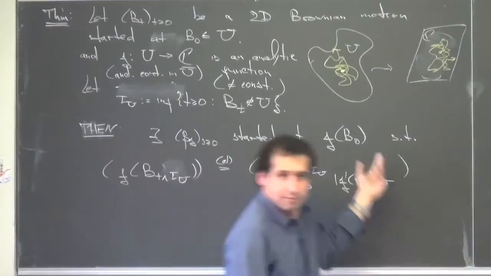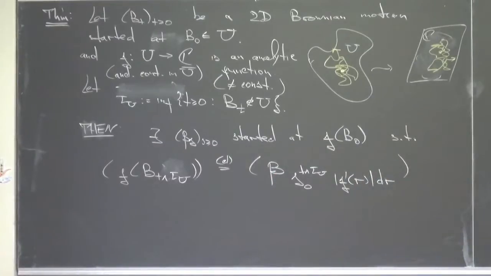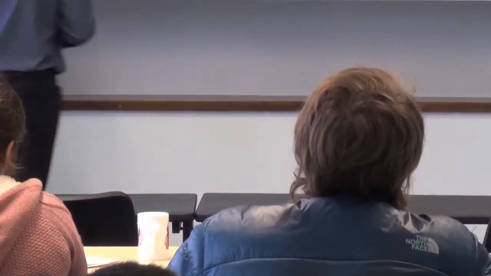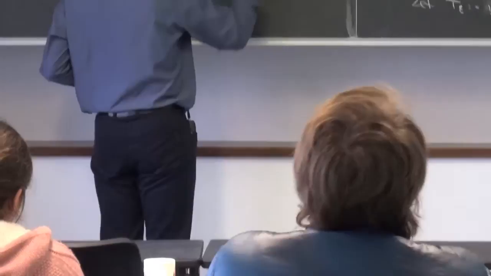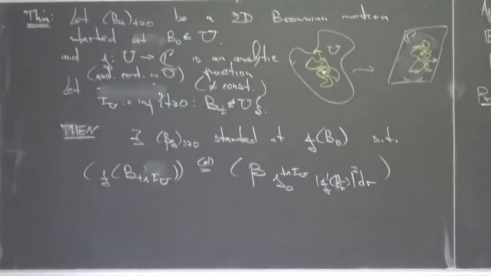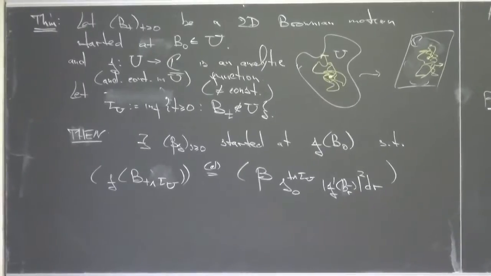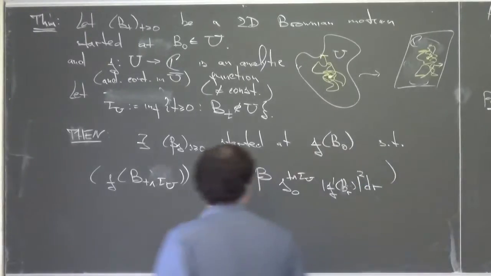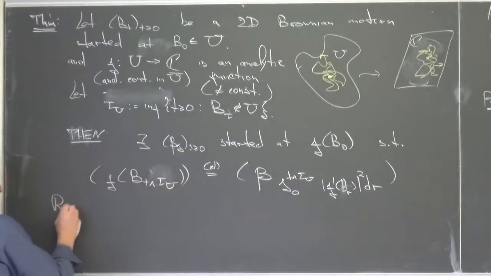Well, probably until some time. There should be a prime of B_r. It should be squared first, right? And what else? It should be B_r, it should be squared. Yeah, thanks. What is of more importance?